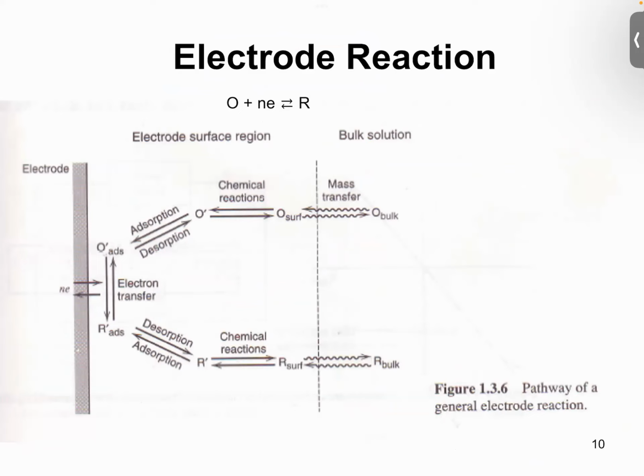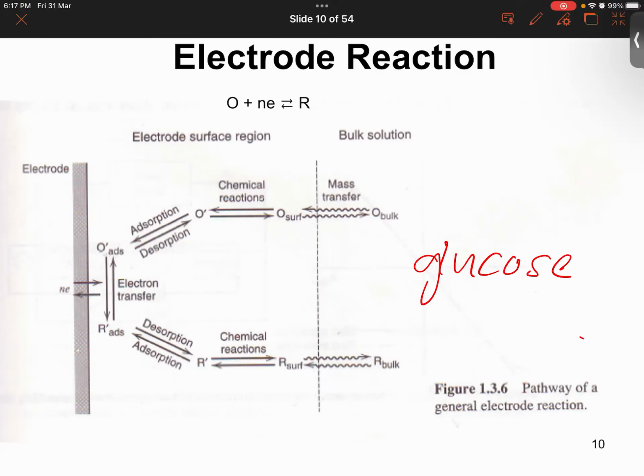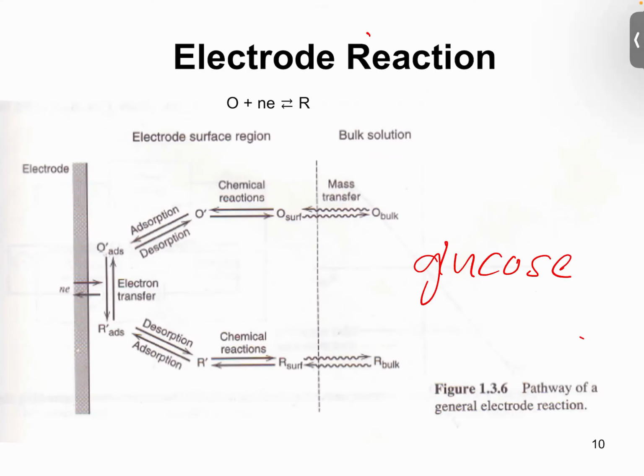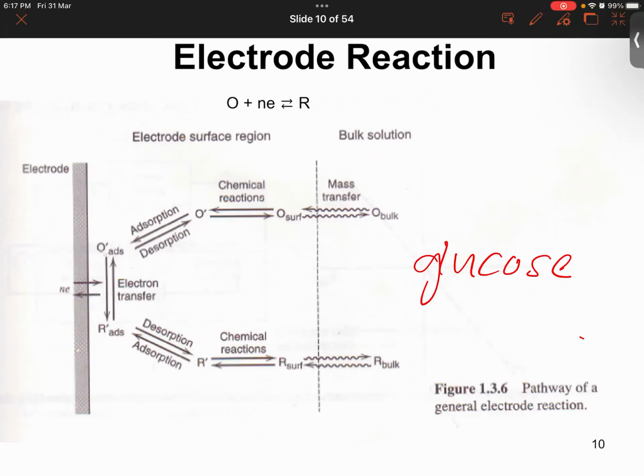So now we look at the detail of what happens on the surface of the working electrode. As I mentioned, it's not as easy. If your analyte is glucose, for example, glucose is not conducting. So let me choose another one. Okay, let me choose plumbum ion.